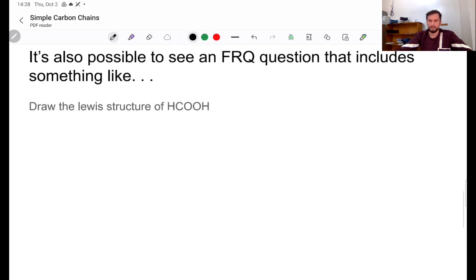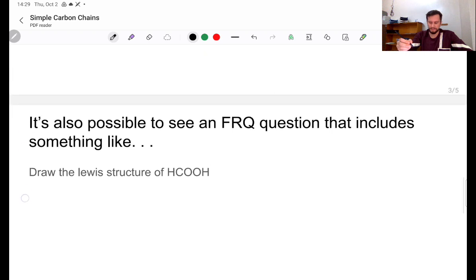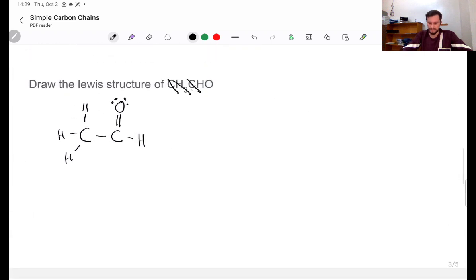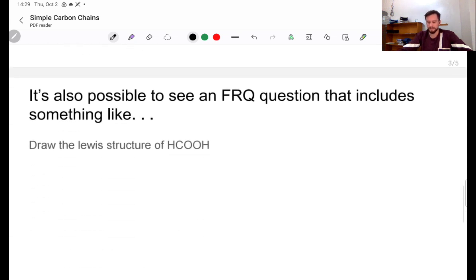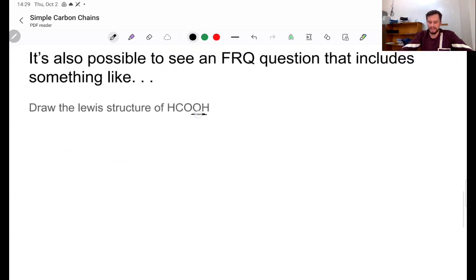Okay, it's also possible to see an FRQ question that includes something like, draw the Lewis structure of HCOOH. Now, the difference between here and here, like this, CHO, we're going to say, okay, carbon, hydrogen, and an oxygen with both of them attached. If you see an OH at the end, that typically indicates an alcohol, so a hydroxyl group.